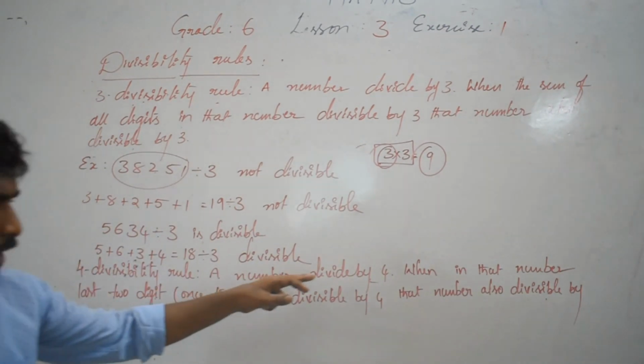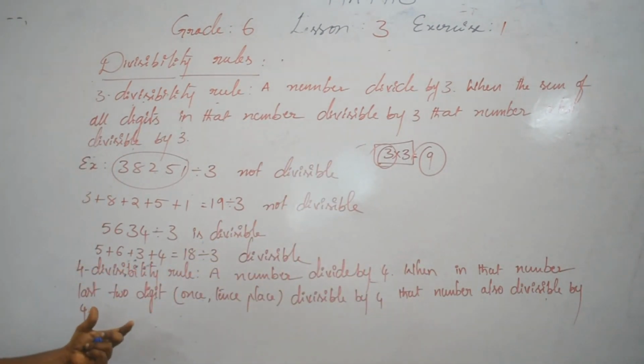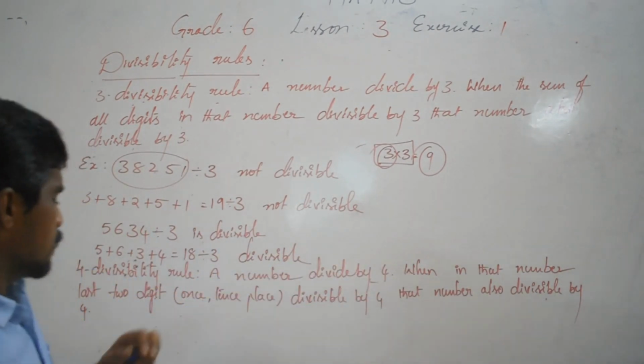So a number is divisible by 4 when its last two digits, meaning ones and tens place, are divisible by 4.